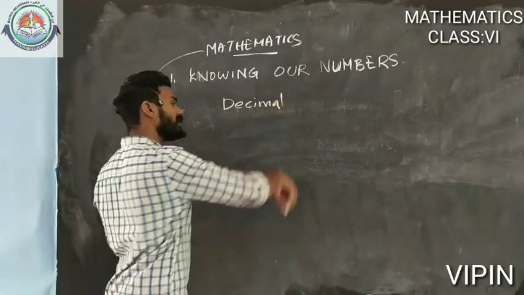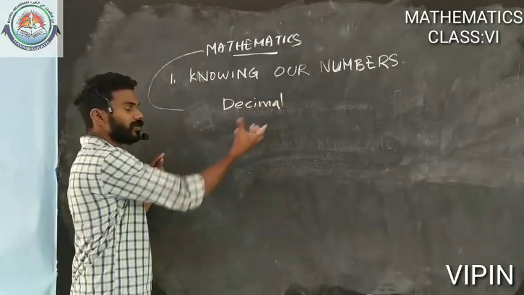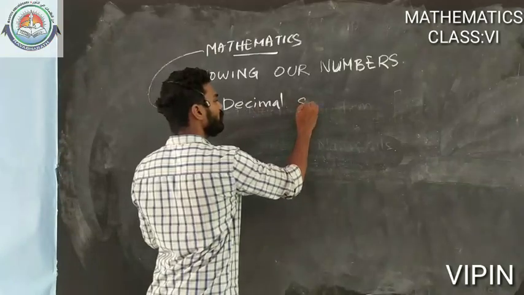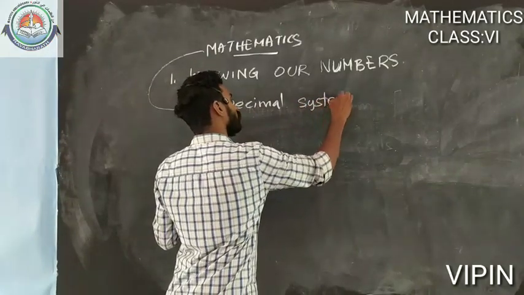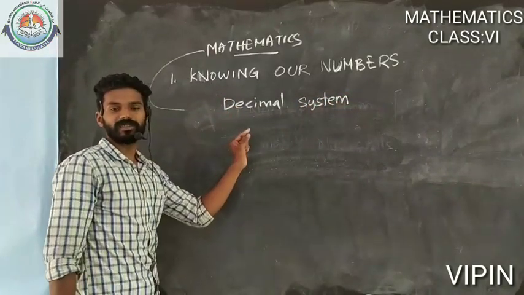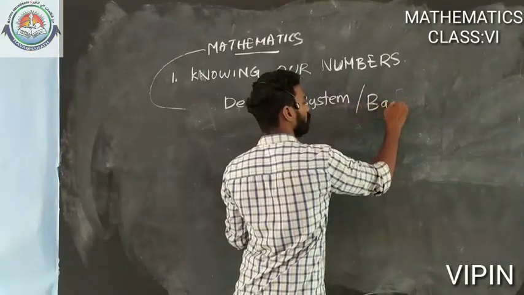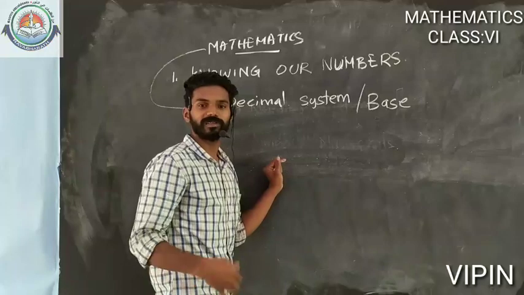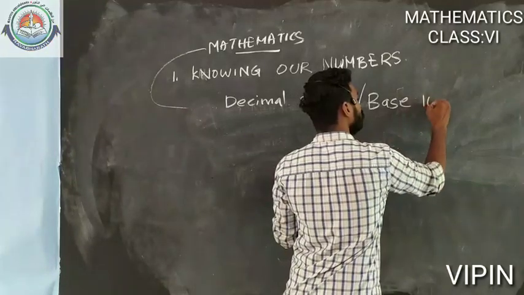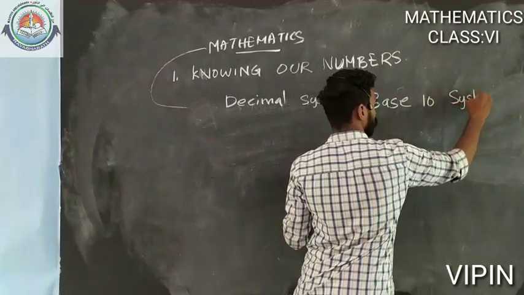We have already discussed it. And this decimal system is otherwise called the base 10 system.